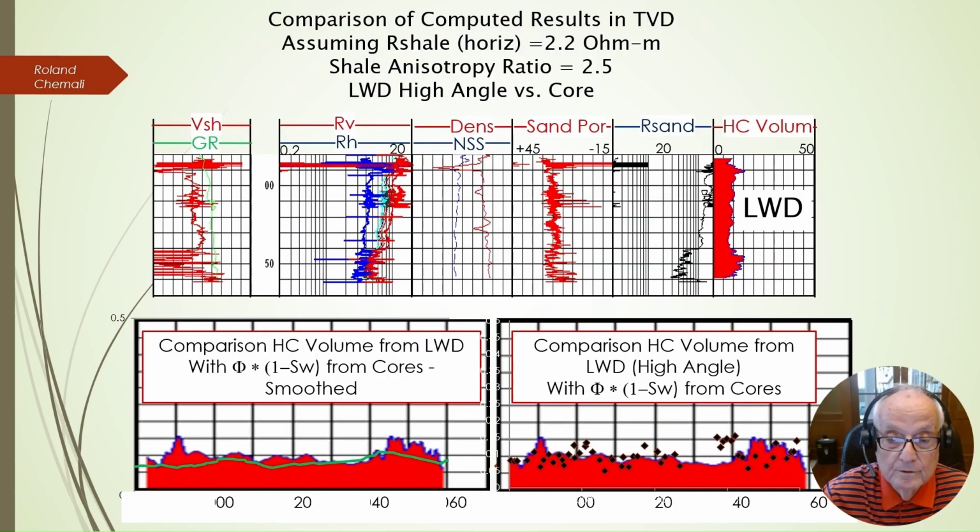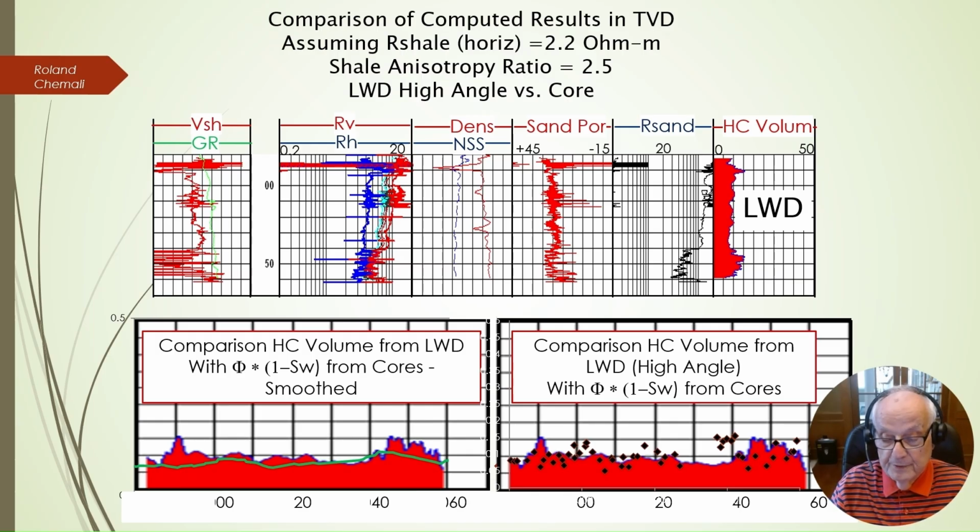And lo and behold, we got an oil content, which is phi times 1 minus SW, shown here in blue. At the same time, we had cores, and we smoothed the cores' phi times 1 minus SW, and we got a great agreement between the two.